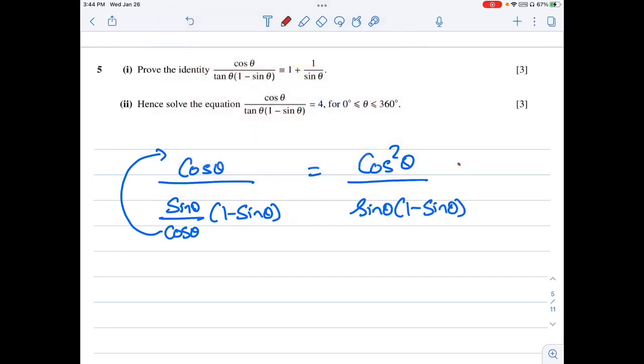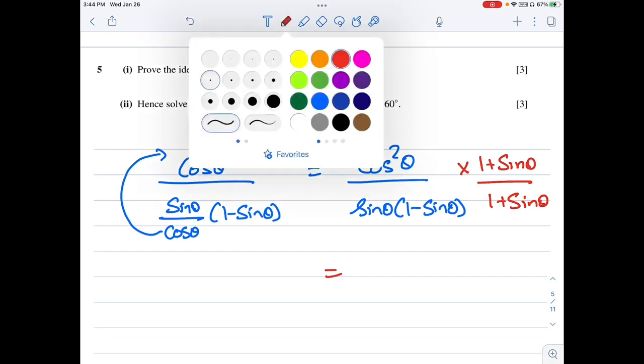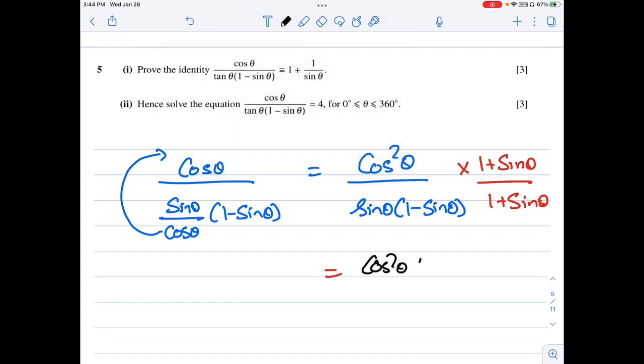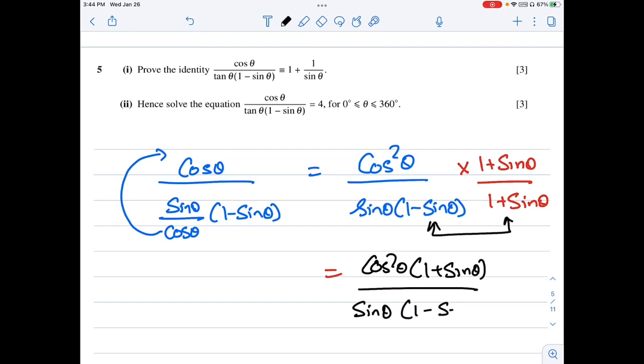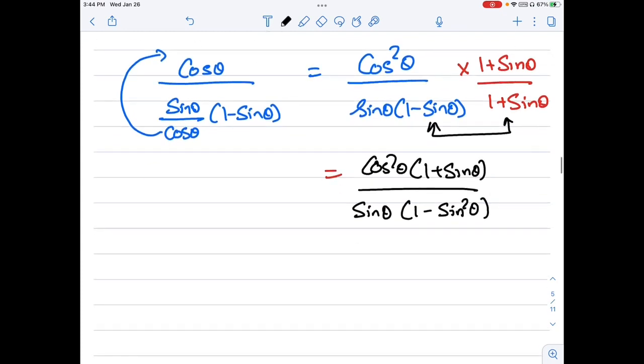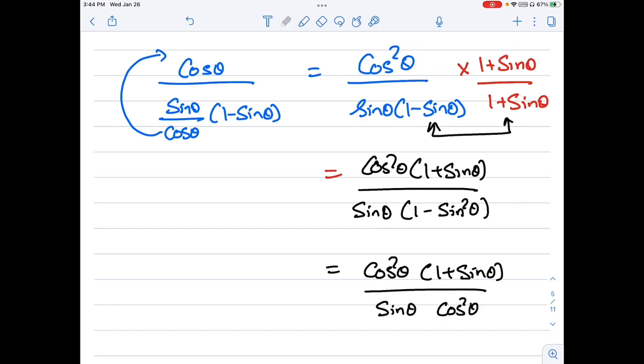Then do the rationalization, multiply and divide with 1 + sin θ. If minus is there, we multiply and divide with 1 + sin θ. So what does that become now? cos² θ (1 + sin θ) divided by sin θ times (a + b)(a - b) is a² - b², 1 - sin² θ. 1 - sin² θ is cos² θ. So cos² θ (1 + sin θ) divided by sin θ cos² θ. So cos² θ gets cancelled.